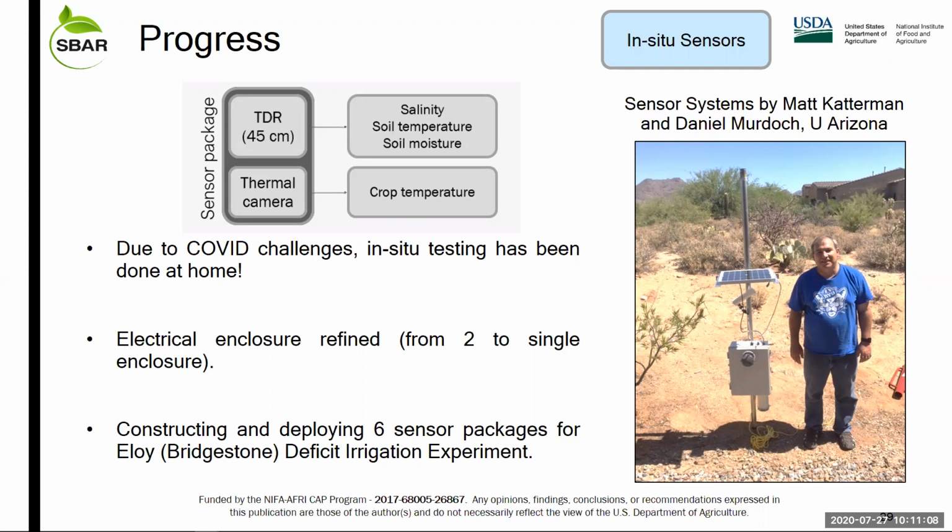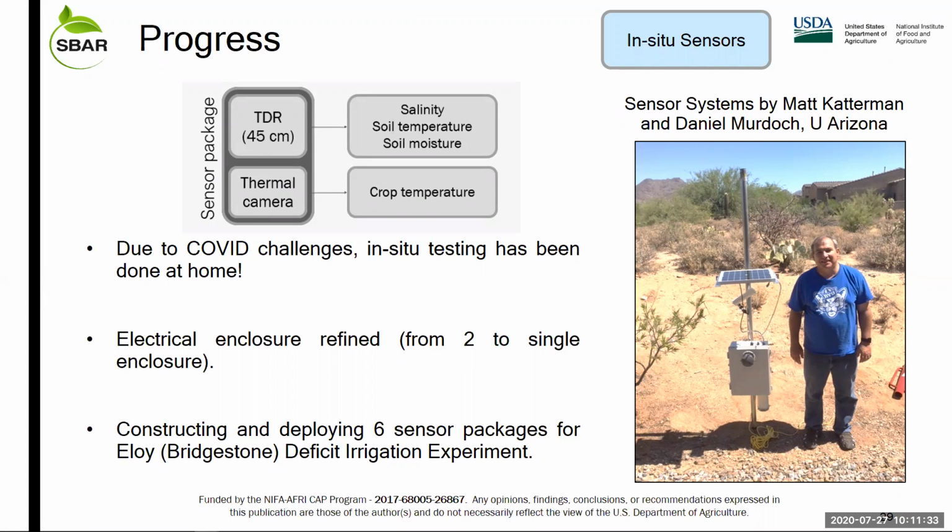So far, this has been successfully installed at home due to COVID. There is progress: the enclosure was in 2 different parts, and now it's 1 single enclosure. And we are in the stage of developing 6 such packages that will be deployed in the irrigation experiment.